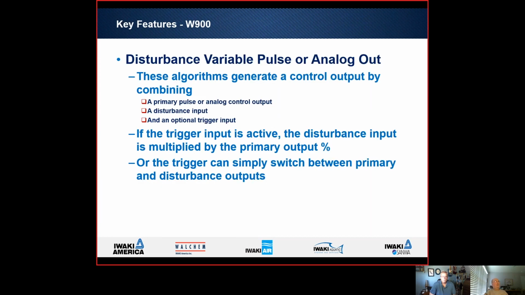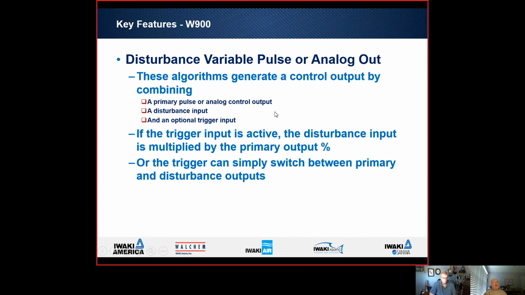The other examples we can apply are the pulse output or an analog output. So you have three things here that you're combining: a primary pulse or analog control output, a disturbance input, and now we're going to add another factor called a trigger input.